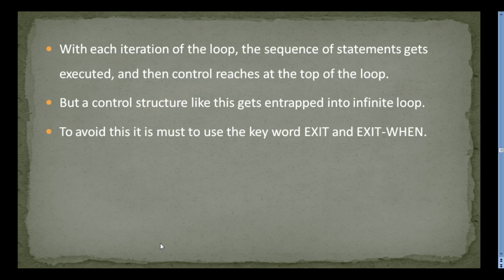With each iteration of the loop, the sequence of statements gets executed, and then control returns to the top of the loop after reaching END LOOP. So this control structure causes an infinite loop.